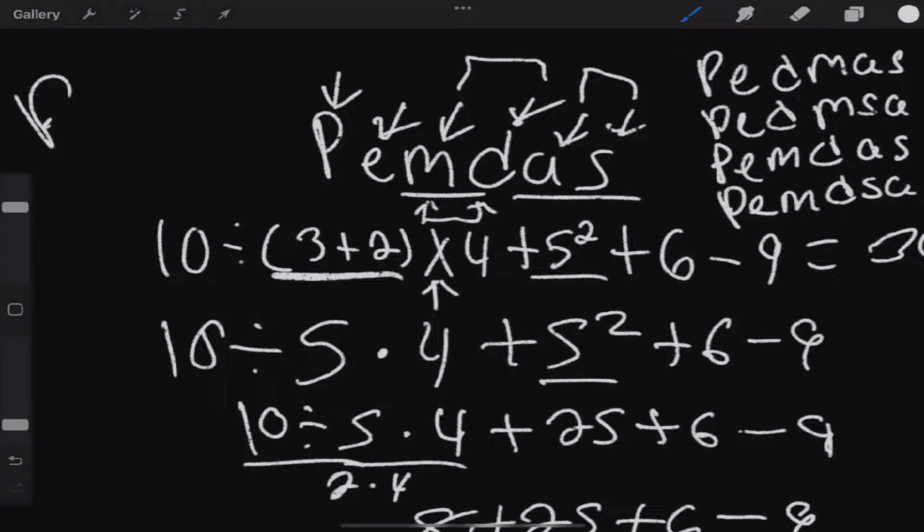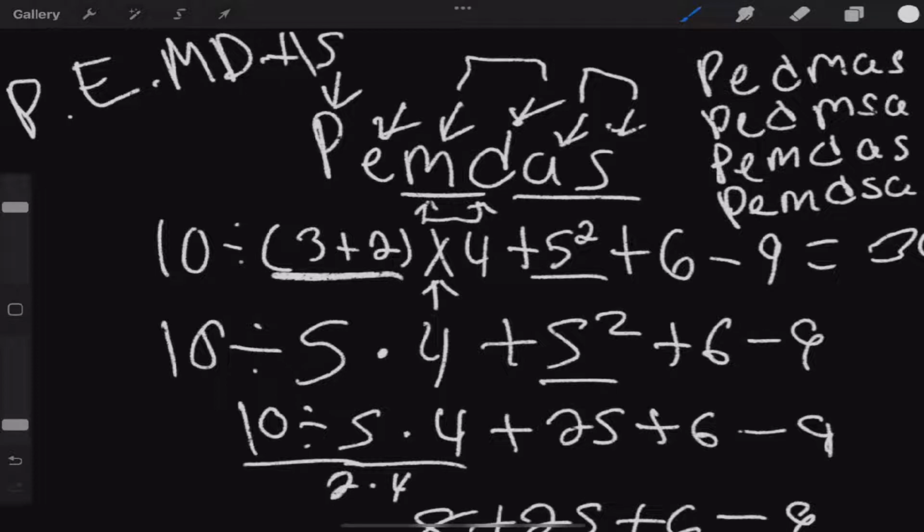It's P, then E, right? And then you have your M, D. Those go together. And then your A and S. Those go together. So P, E, M, D, A, S. Don't go around trying to flip it all together. It goes in that order.